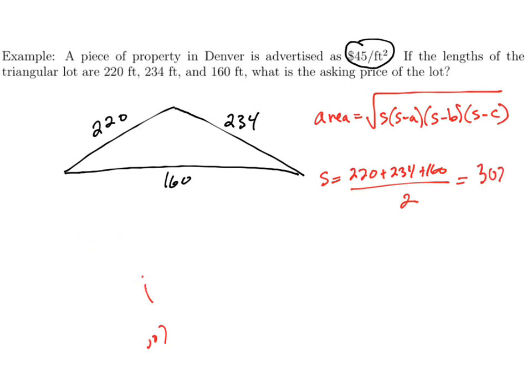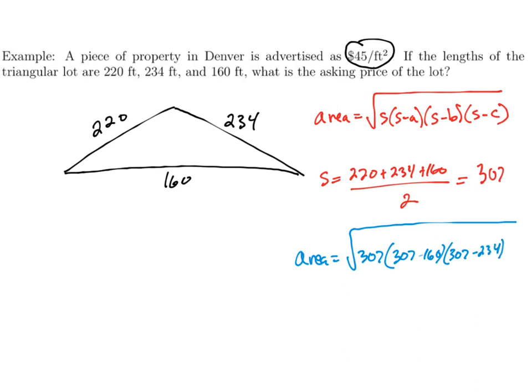Let me erase my scratch work. Okay, we can just plug that in. Area is equal to square root of 307 times 307 minus 160, 307 minus 234, 307 minus 220.